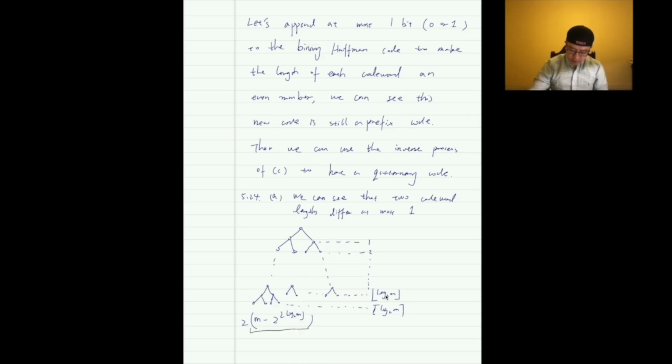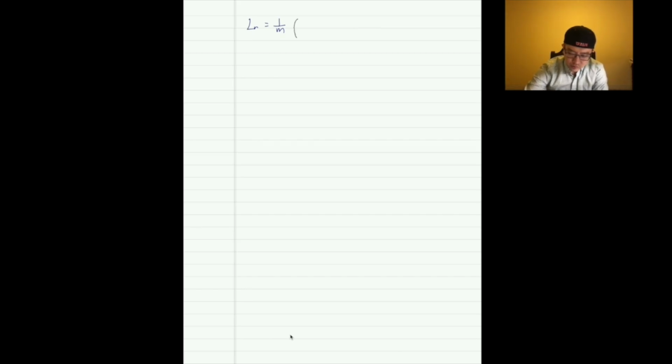Let's denote this guy as t, so the overall number of nodes in this layer is 2t. That simplifies our notation. So here we have 2t multiplied by the ceiling of this guy, plus m minus 2t, and then the floor of this guy. That's basically our average code word length.